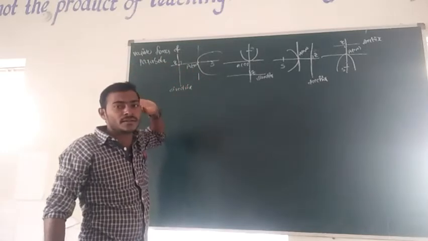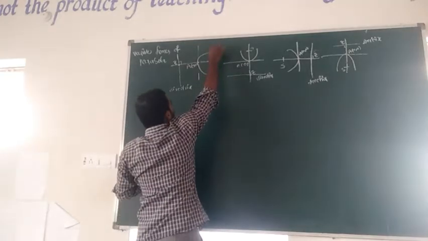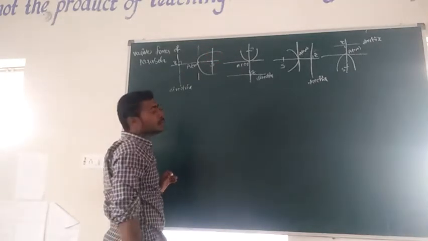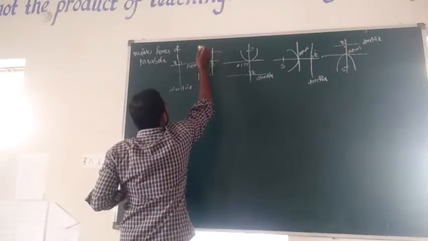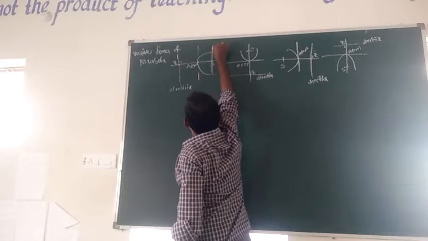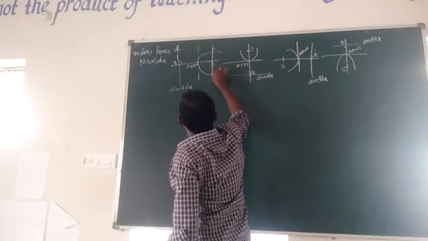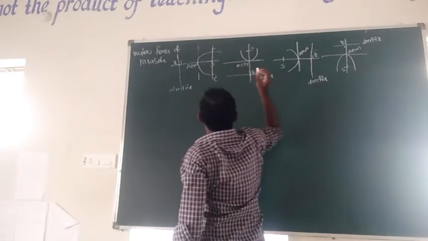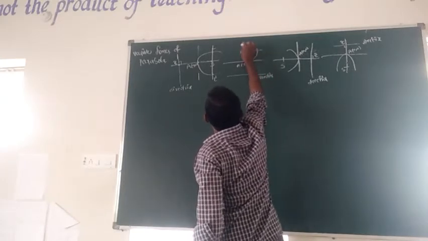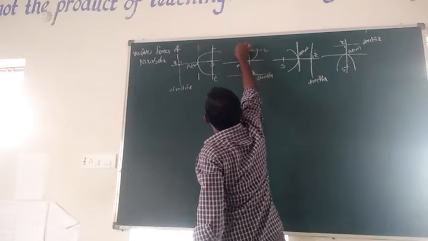The endpoints of the latus rectum are L and L dash. Here also the latus rectum points are L and L dash.